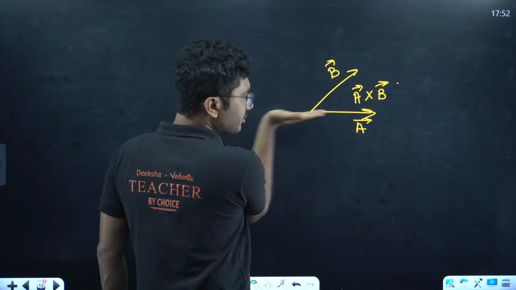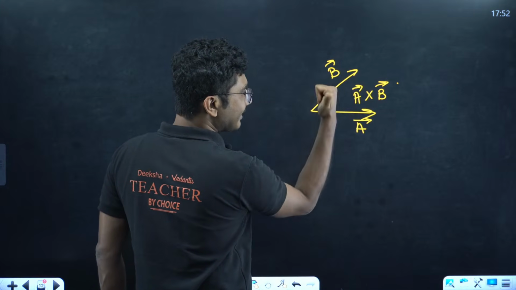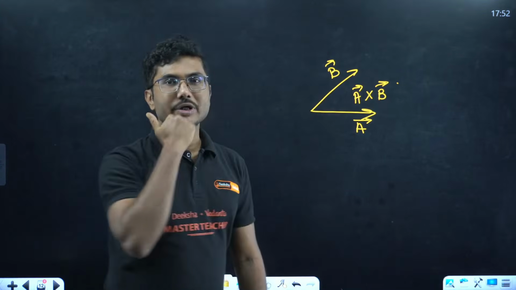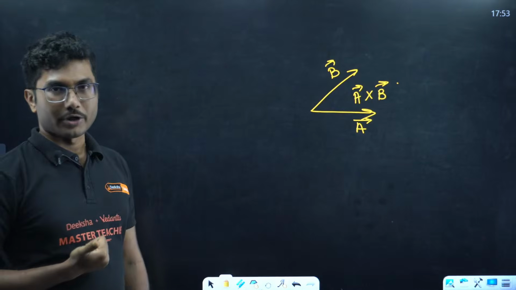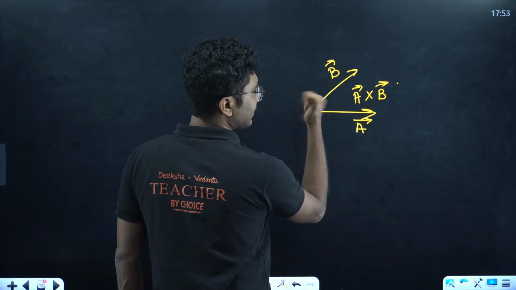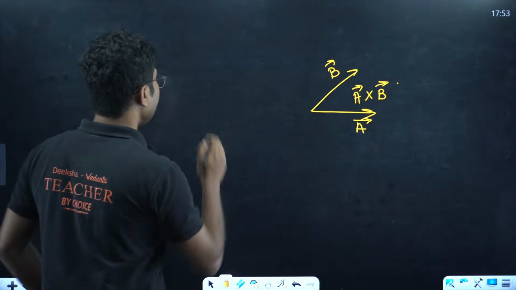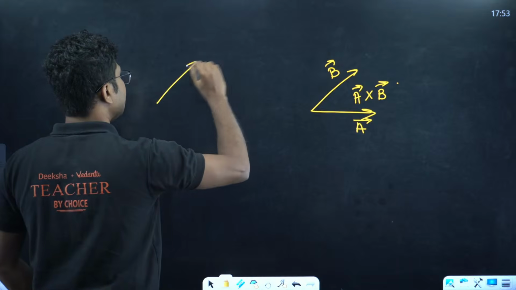So A cross B: this is A, now we are curling towards B, and then my thumb is pointing towards the cross product. The direction of the cross product is in this direction. So A cross B gives me this vector. Now if you are doing, say, suppose V is in this direction, V.